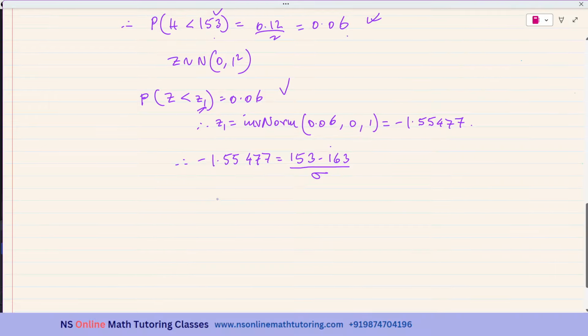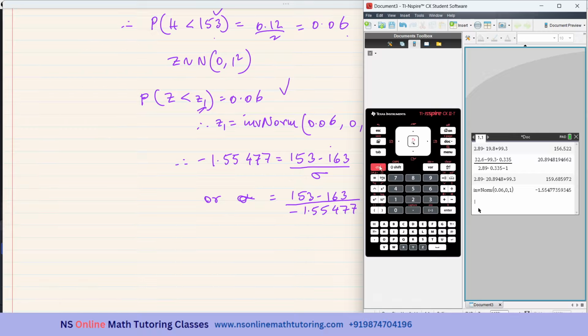So sigma is equal to 153 minus 163 divided by negative 1.55477.